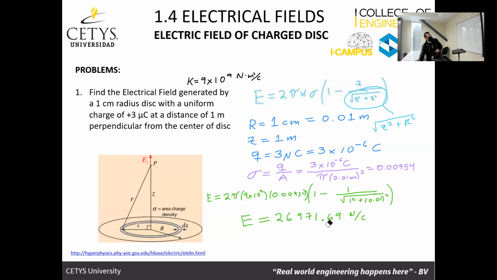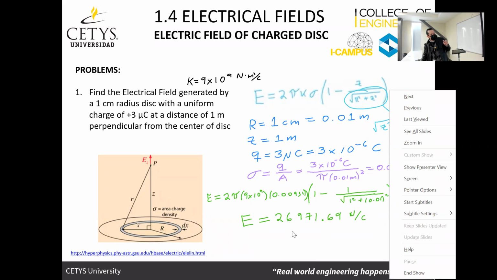Okay, let's verify that again. Over at home, do the calculation again. We've got three results that are very similar, around 26,000. So you got 53,000, which is kind of like half. So double check that one. Remember that there's a 2 here.